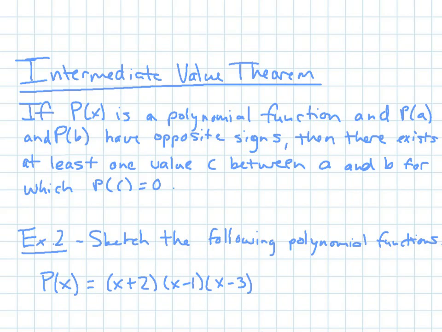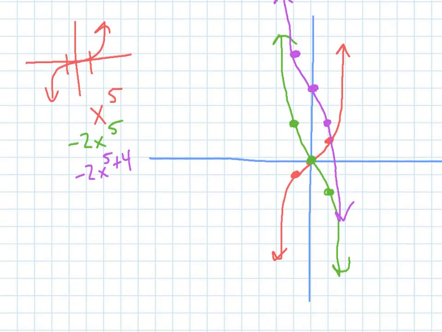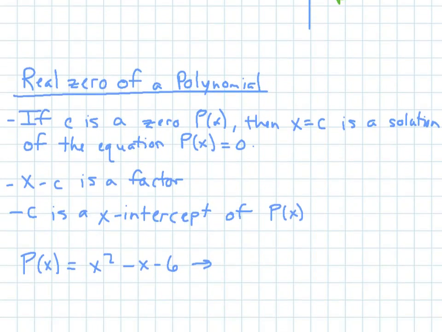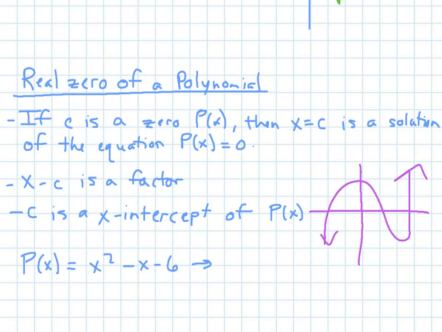The next thing I would like to talk about is a real zero of a polynomial. So here, if c is a zero of p of x, now let's talk about what a zero is. If I have a polynomial function, where it crosses the x-axis is called a zero.